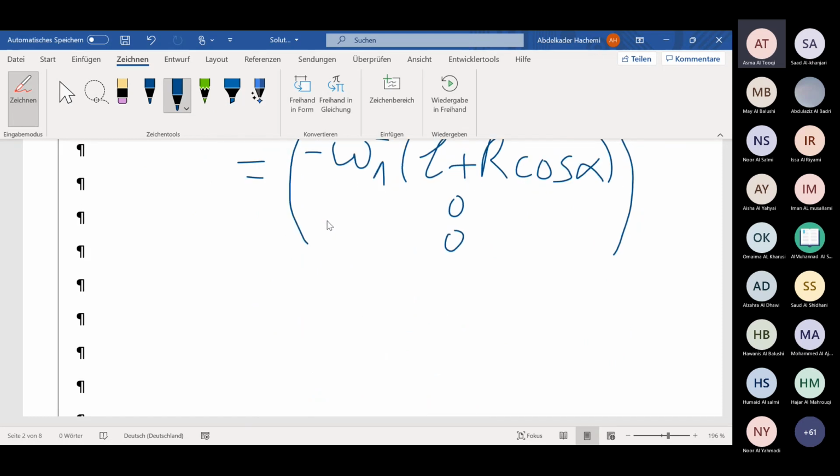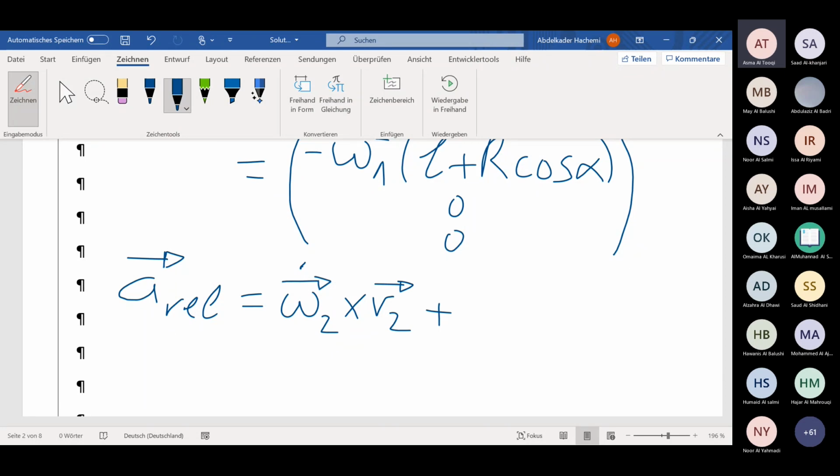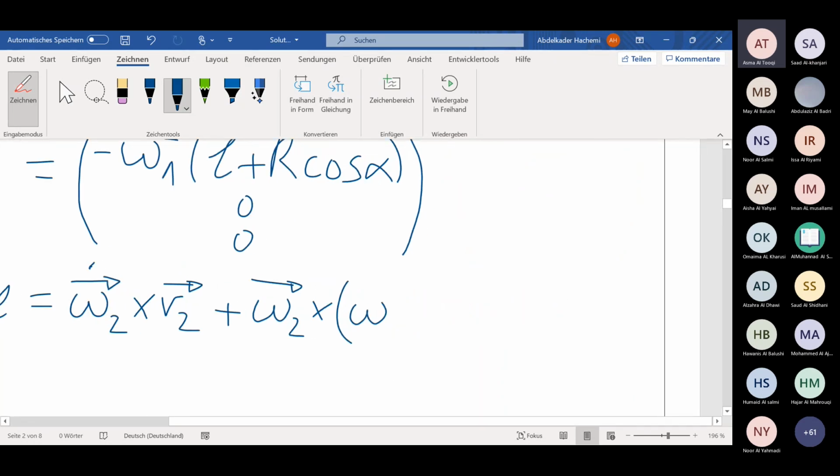Then it means here what we have for the relative acceleration is equal to omega 2 dot cross R2 plus omega 2 cross omega 2 cross R2.